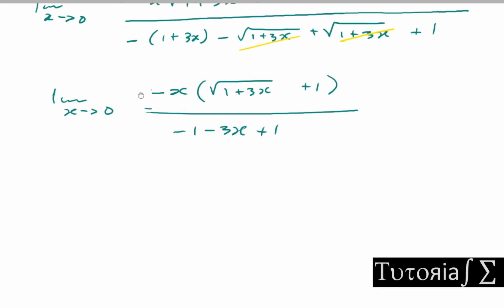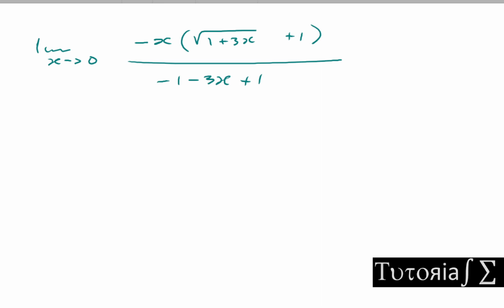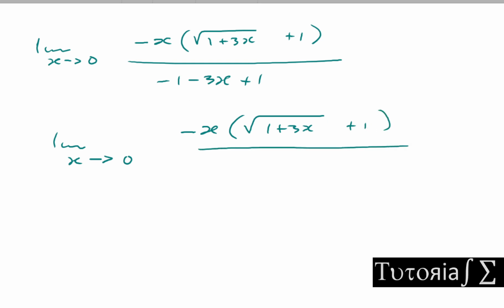Okay, then all right, then now we have limit as x approaches 0 of negative x on top. Then we have root of 1 plus 3x plus 1 divided by, we see that this and that will simplify, so we'll just remain with negative 3x, negative 3x.